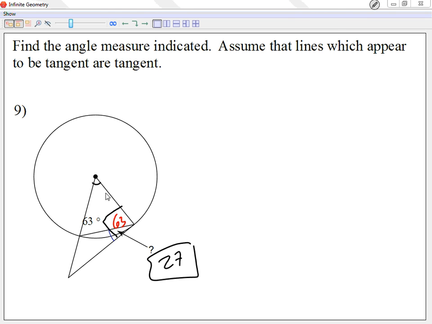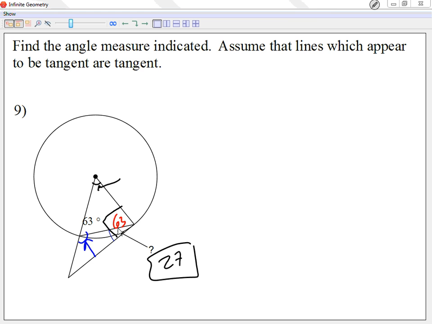Technically, we could find every angle there. I told you we could find this center angle. We don't need it, but we technically could find it. I could ask you for this other angle here, because 63 and this angle make 180, because it's a straight line. You could figure it out, right? 180 minus 63.